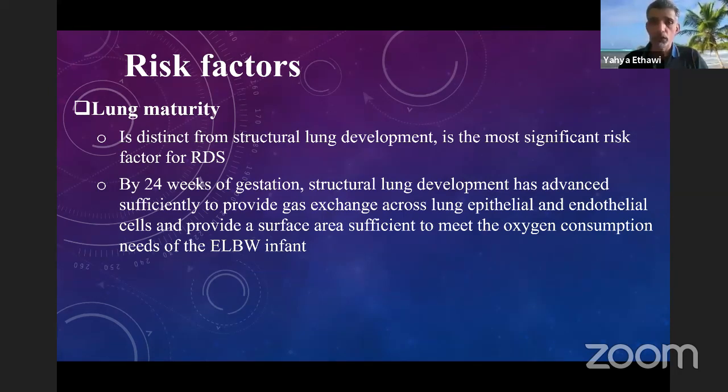Because we know at the age of 24 weeks, the lung development reaches a point where the lung can provide gas exchange through lung epithelial cells and endothelial cells, or pneumocyte type 1. And it starts to provide enough surface area for oxygen consumption for the newborn.